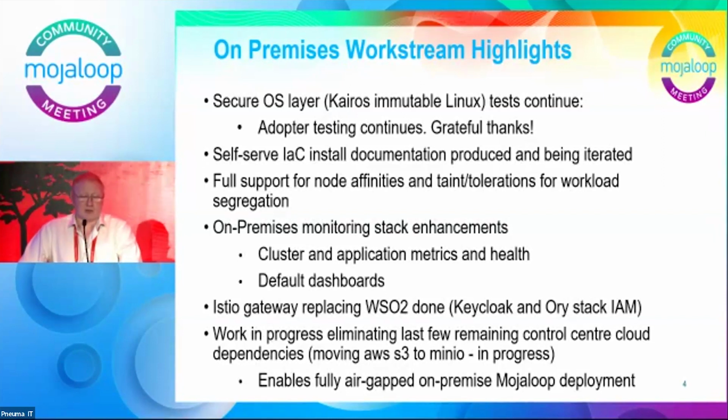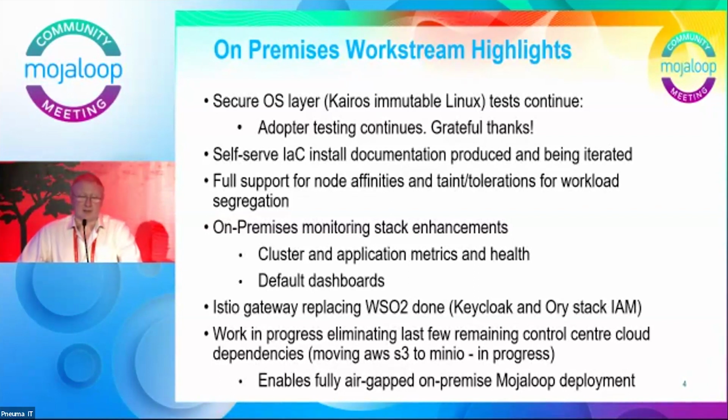We have some work in progress still, eliminating the last few remaining cloud dependencies in the control center part of our on-prem deployment. So at the moment, the control center, that's the software package that allows you to manage your Mojaloop installations, still has a couple of cloud dependencies, DNS and object storage, for example.